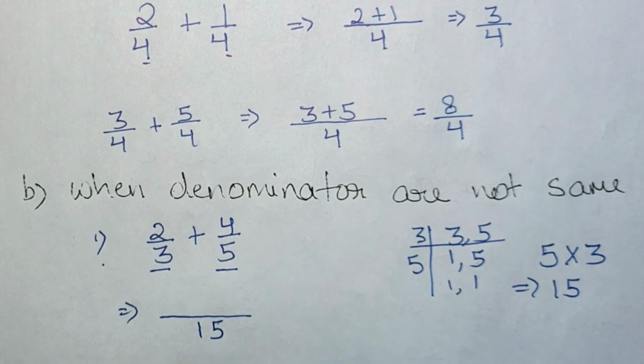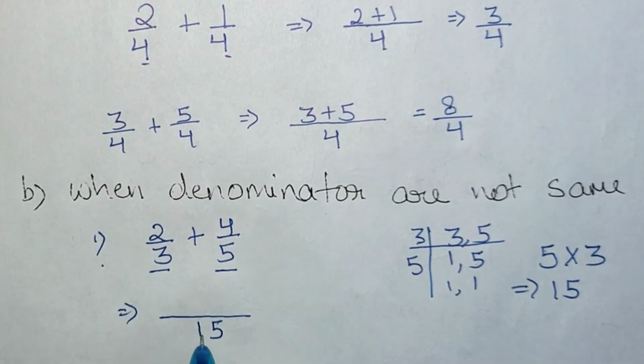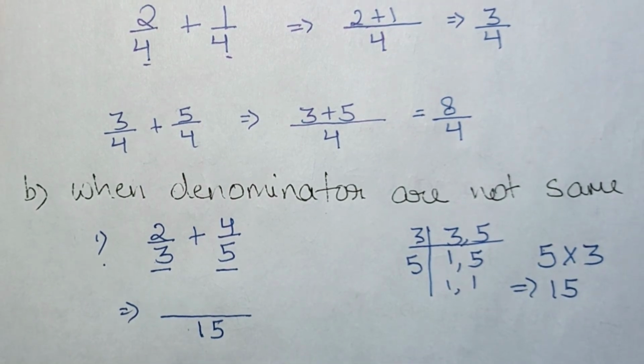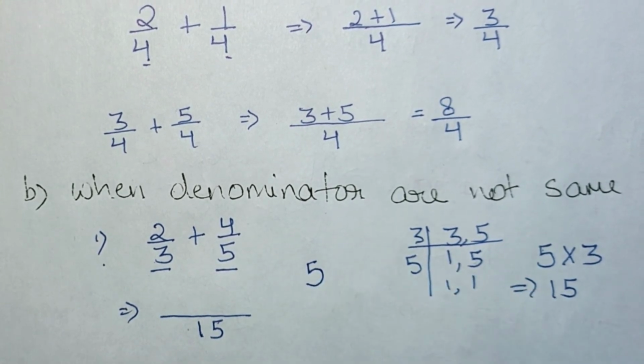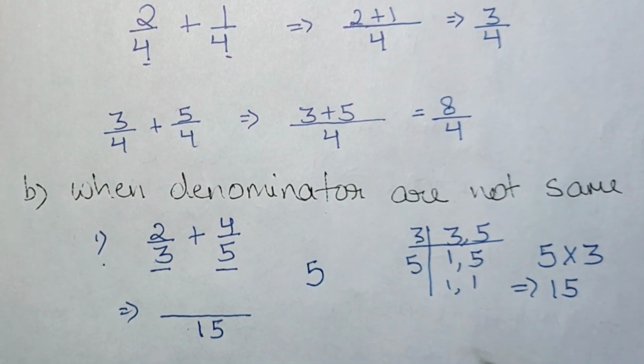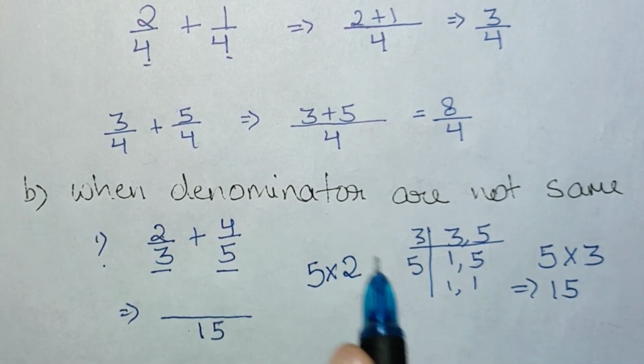Now what we do, we'll see how many times this 3 divides 15. 3 5s are 15. How many times it is dividing? 5 times. So now the next step will be multiplying this 5 to numerator, and numerator is 2 here.